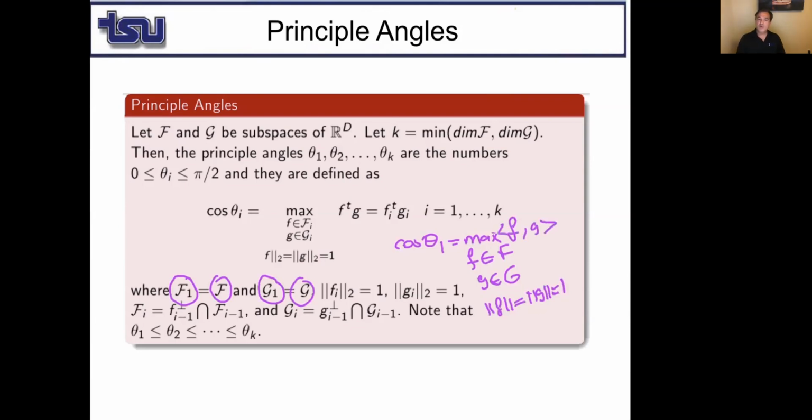What was this? This was the definition of the minimal angle, right? So theta 1 will be our minimal angle.